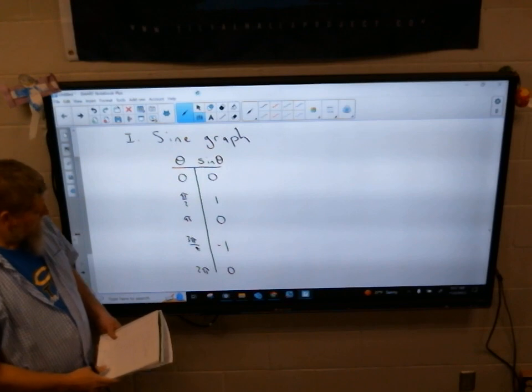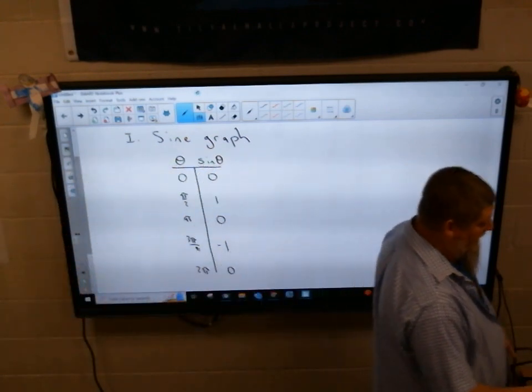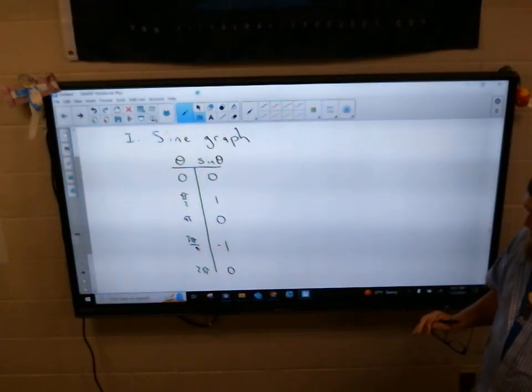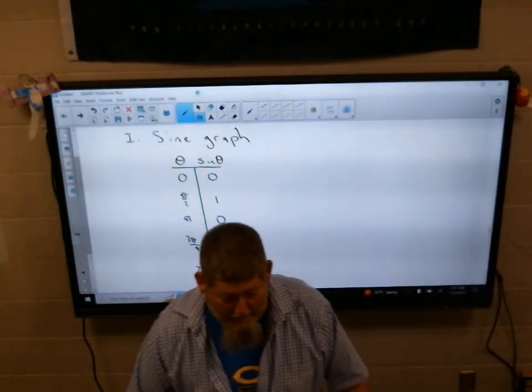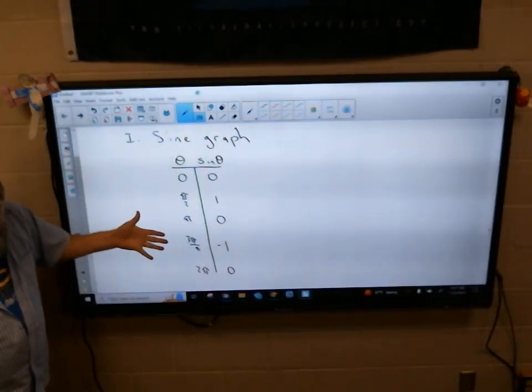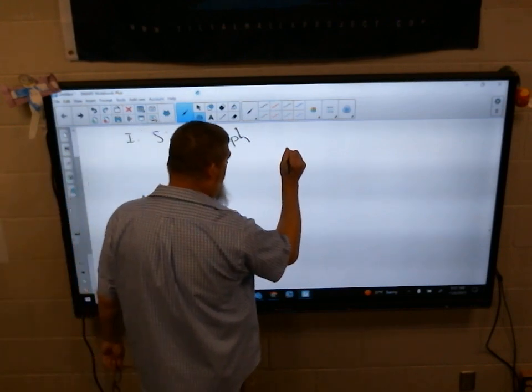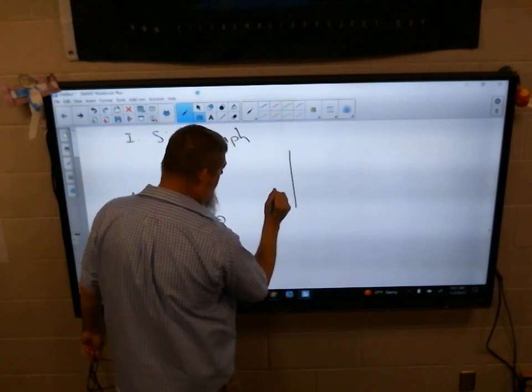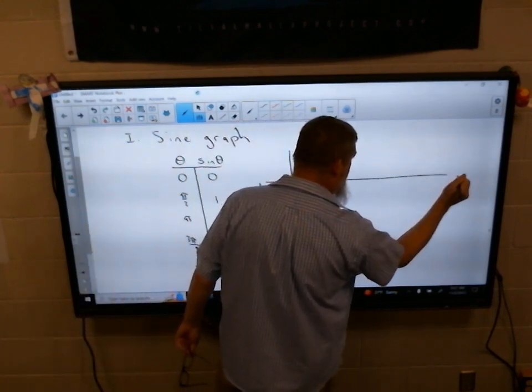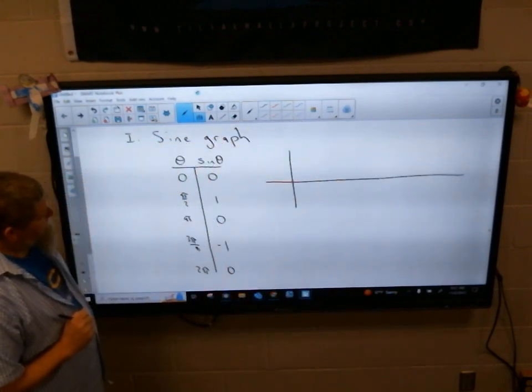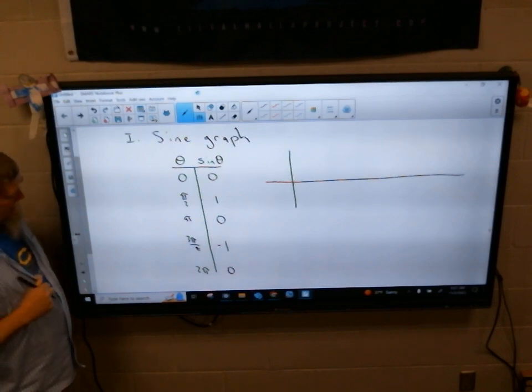Okay? All right, now, by the way, in a little bit I'm going to tell you the way to graph any sine or cosine graph is to get 5 key points. These are those 5 key points. All right? Let's look at the graph of it. Okay? So in your paper, we're going to draw something like this. It's kind of like a table, but laid on its side.